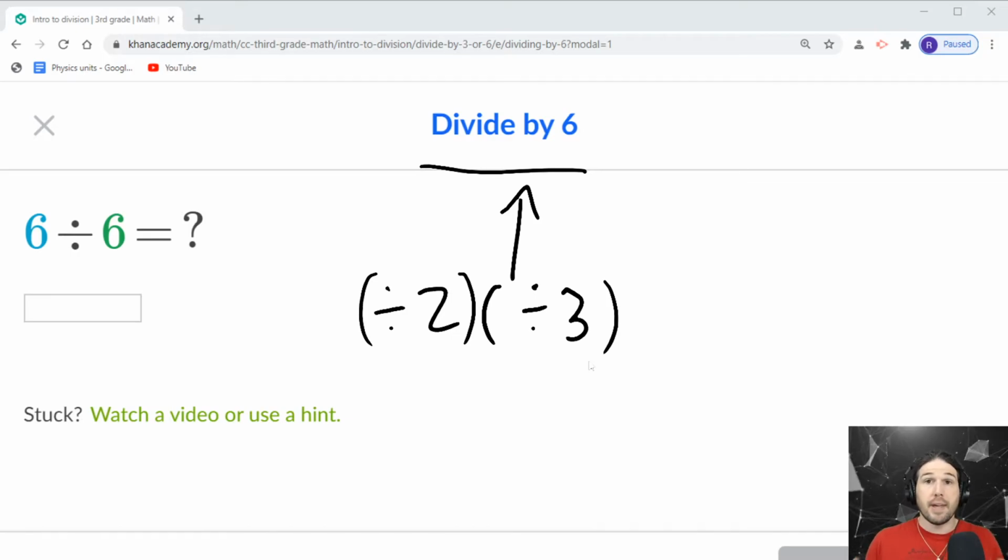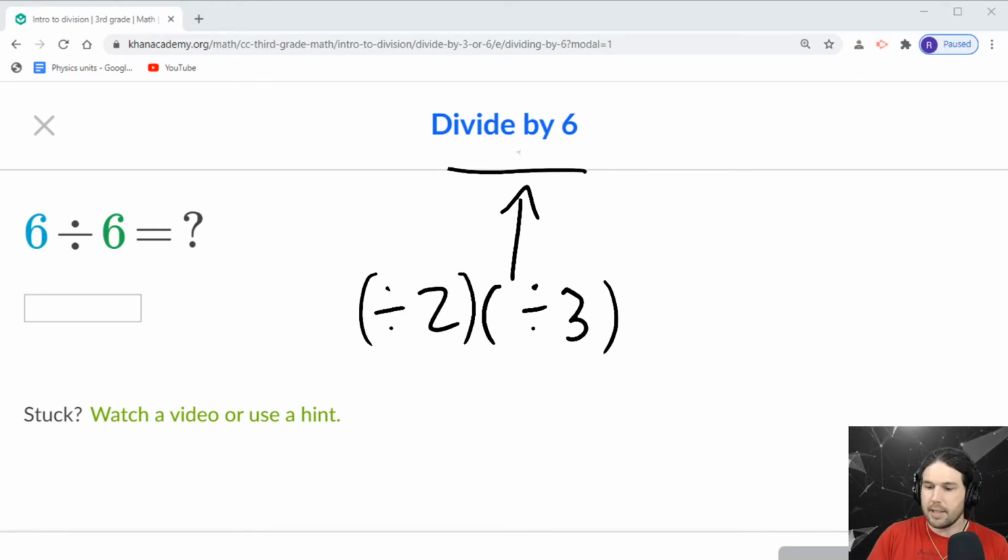Anything divided by itself is 1. But when you are dividing by 6, the way I do it, outside of memorization, is take your number and either cut it in half first and then divide by 3, or divide by 3 first and then cut it in half. Either way, you will divide by 6.